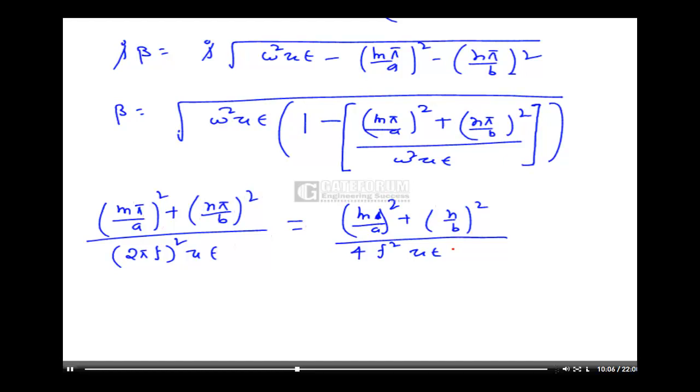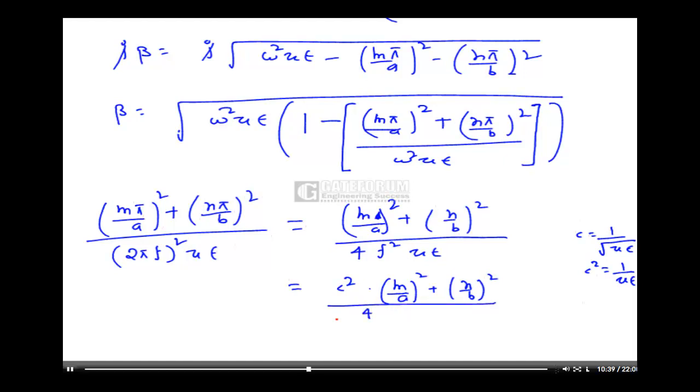I know that c is equal to 1 by square root of με. Therefore, c² is equal to 1 by με. So this equation becomes c² into [(m/a)² + (n/b)²] by 4f², which is equal to (c/2)² [(m/a)² + (n/b)²] by f².